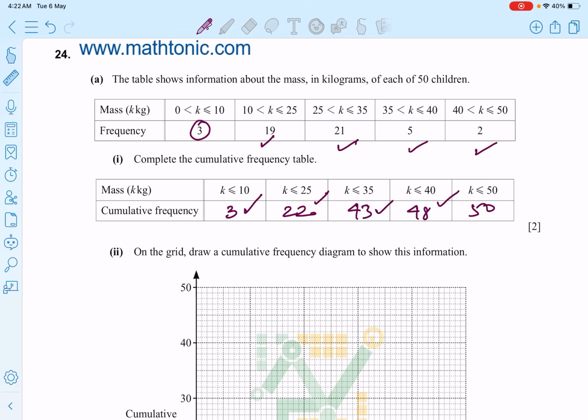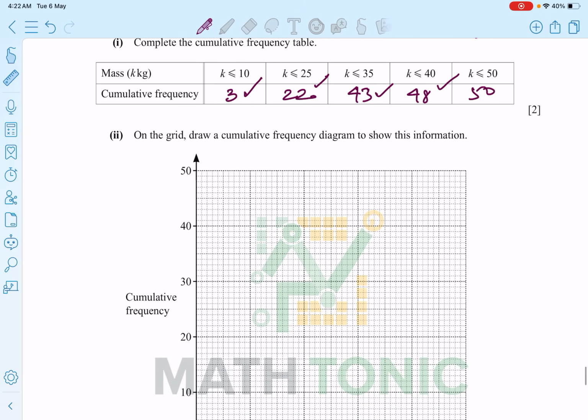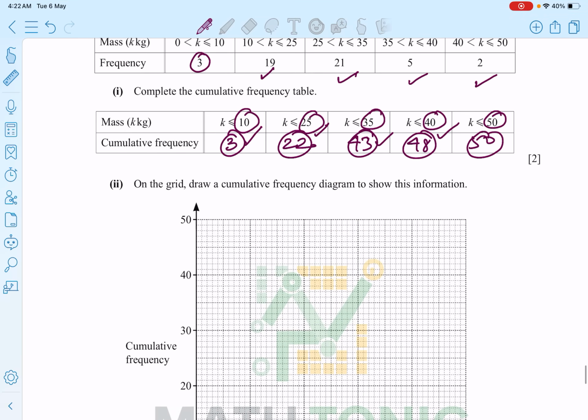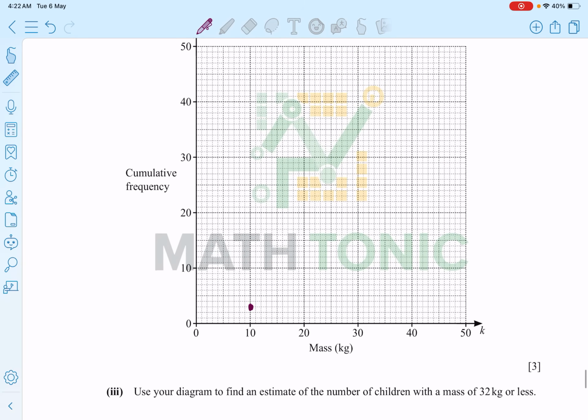Okay, now we have to draw this. For 10 is given 3, for 25 it will be 22, for 35 it becomes 43, for 40 becomes 48, and for 50 becomes 50. So for 10 becomes 3, which is 1, 2, 3 somewhere around here, right? For 25 is 22, this is 20, 21, like this.